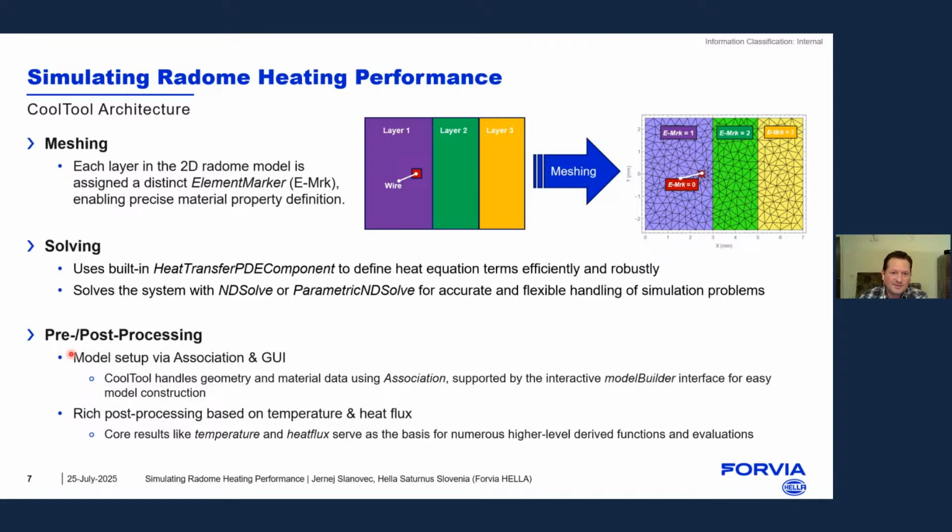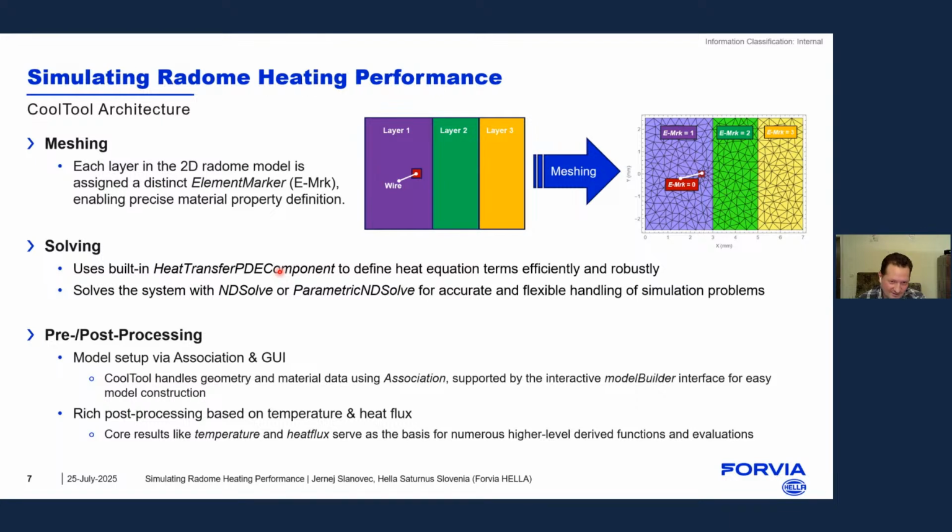So what we do is we use element markers to elegantly control the material properties of different layers or mesh sizes. Then when it comes to solving, we use the built-in heat transfer PDE component. And this was mentioned in the previous talk already.